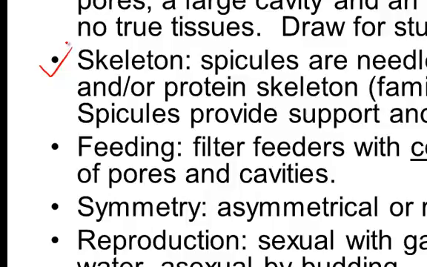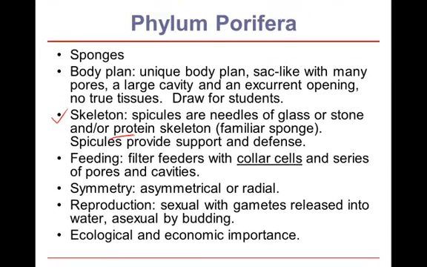And so they're either glass needles or limestone needles, and these provide support and protection. And the other part is a protein skeleton, a proteinaceous skeleton, and this is the familiar sponge that you might use for faux painting or whatever if you listen to Martha Stewart or something like that. I don't know.